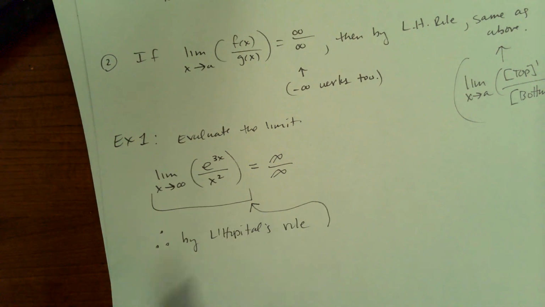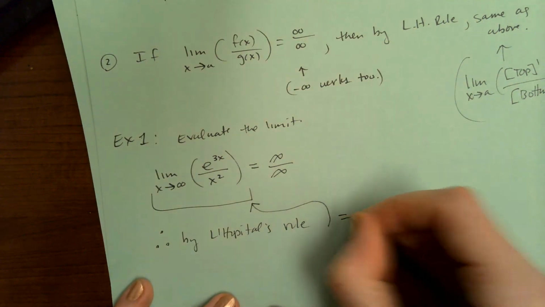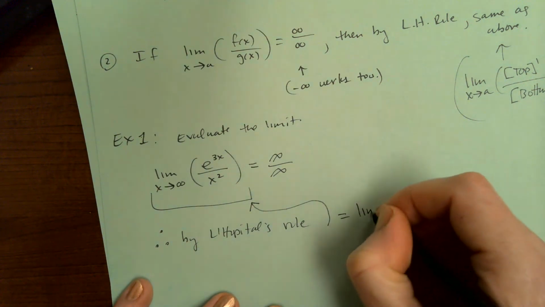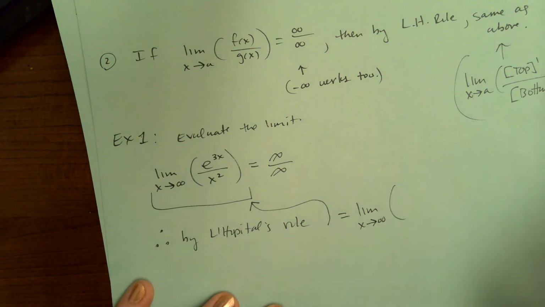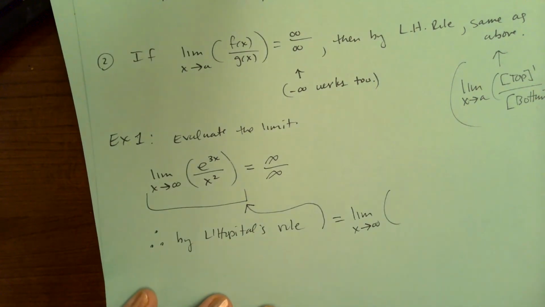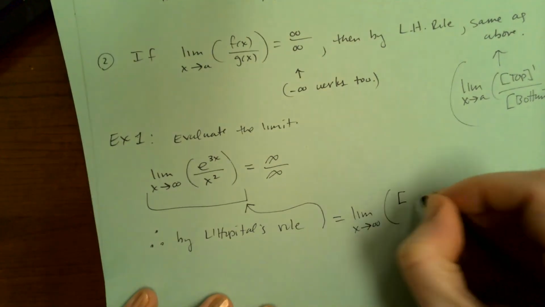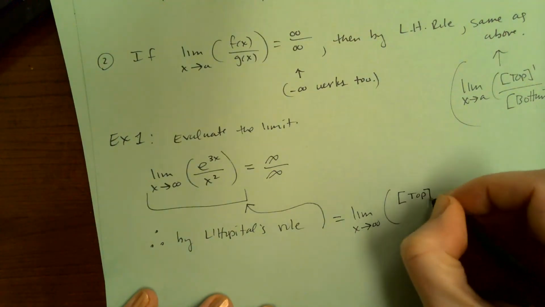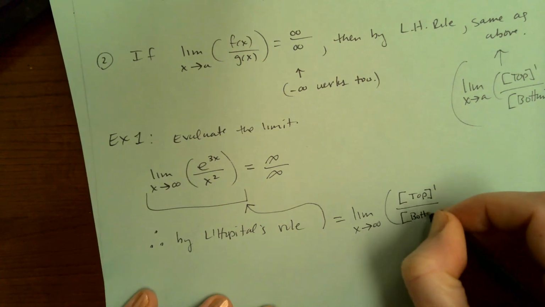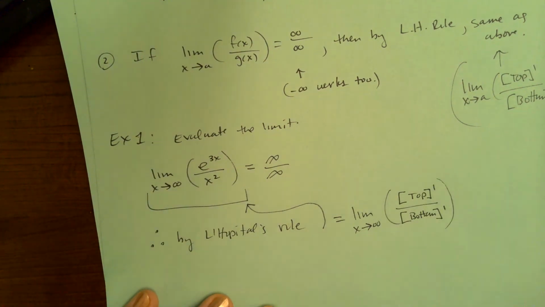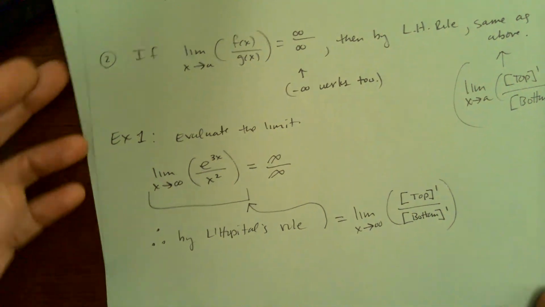This original limit is going to be equal to the limit as x approaches infinity of the derivative of the top over the derivative of the bottom, okay?